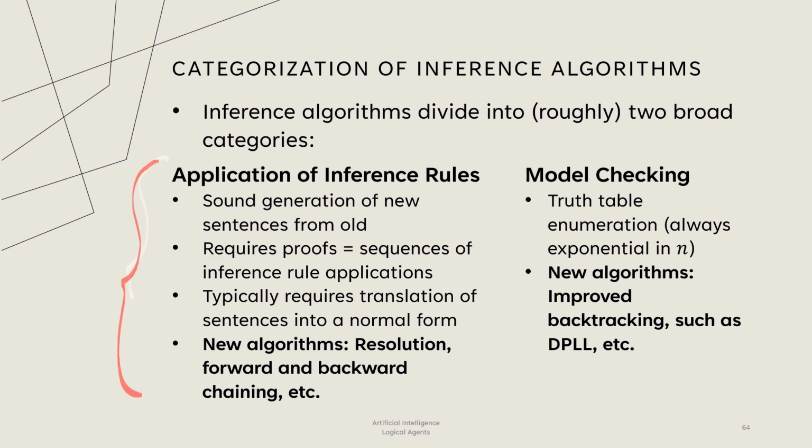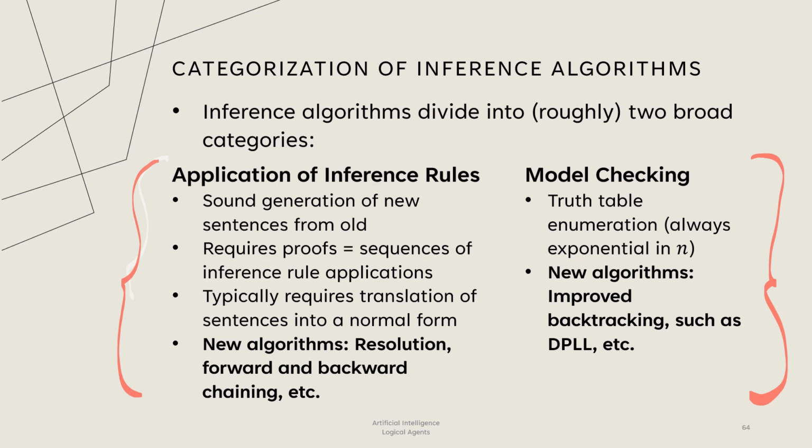This typically requires a translation of sentences into a normal form, like we'll see coming up soon, like transforming all of our clauses into definite clauses or things like that. So this is going to have resolution, forward, and backward chaining, whereas our model checking, that's like our inference by enumeration that we just saw with the table. And there's also smarter ways to do this to cut down on the amount of time we're using, like backtracking from the Australia example, or DPLL, which we'll get into.